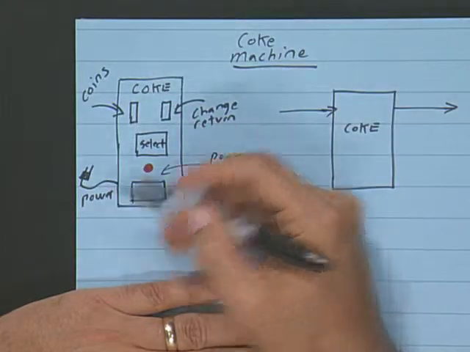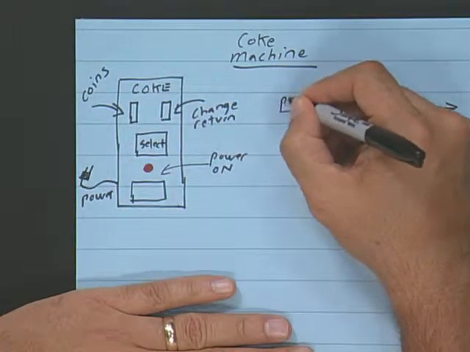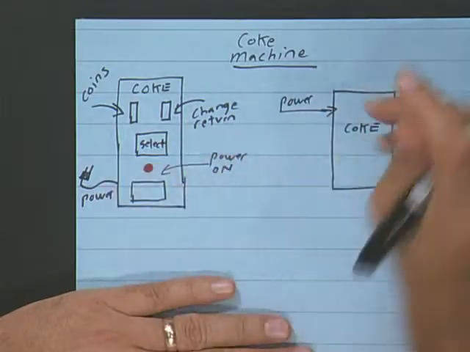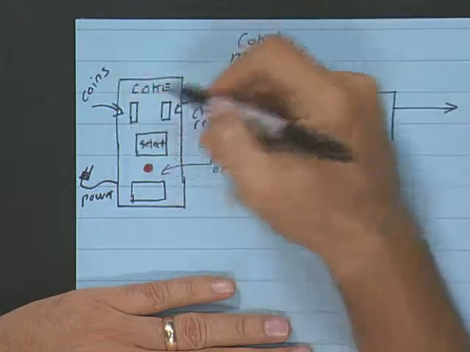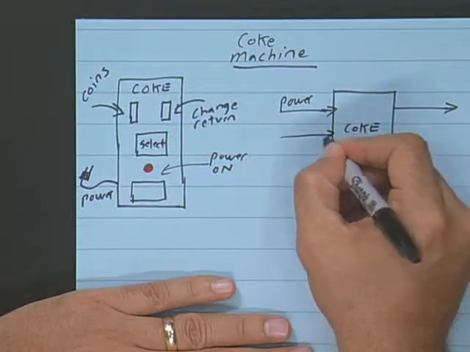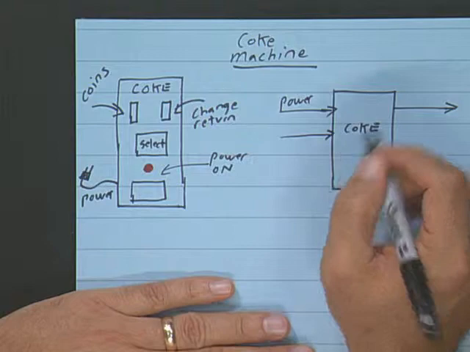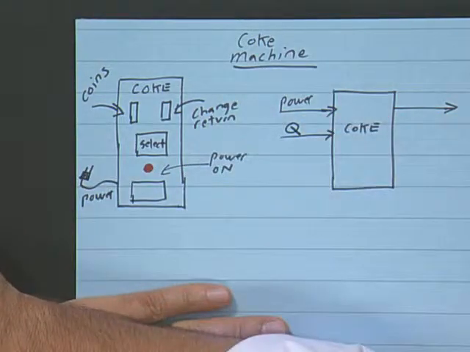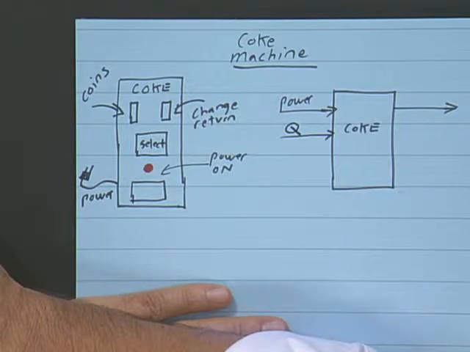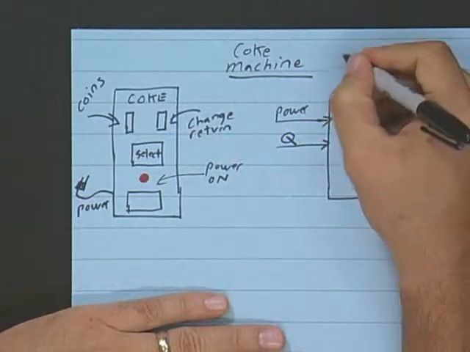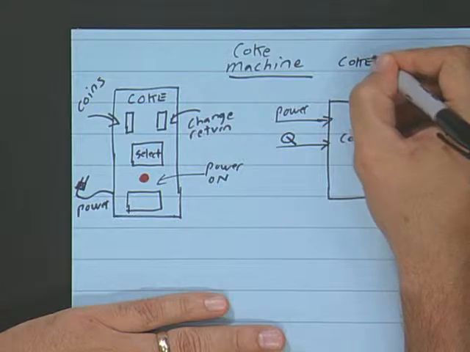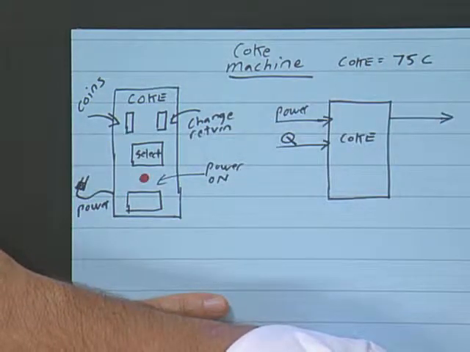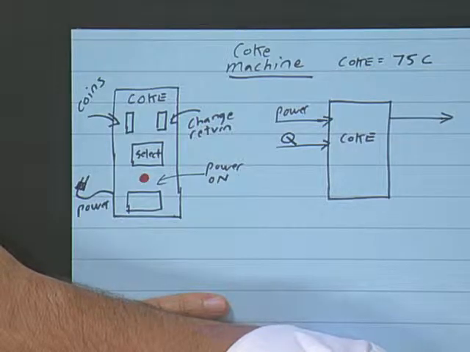For example, one would be power. If I turn power on, it's needed to get the machine into some state. The coins, now I'm going to simplify this a little bit. I'm going to say that the machine can only accept quarters. And I'm going to say that a Coke, again, just to constrain the problem, is going to cost 75 cents, so 3/4.